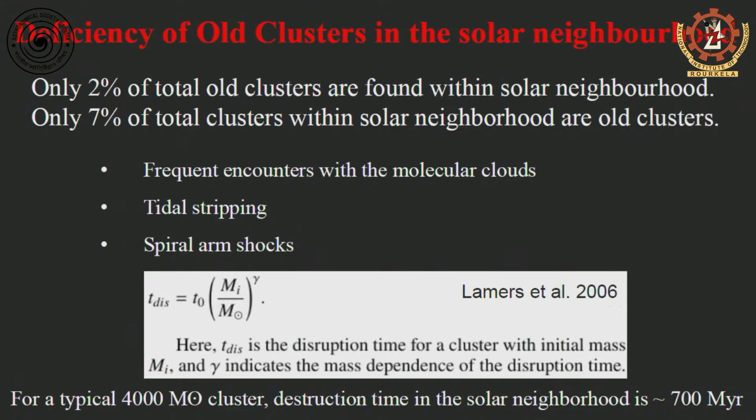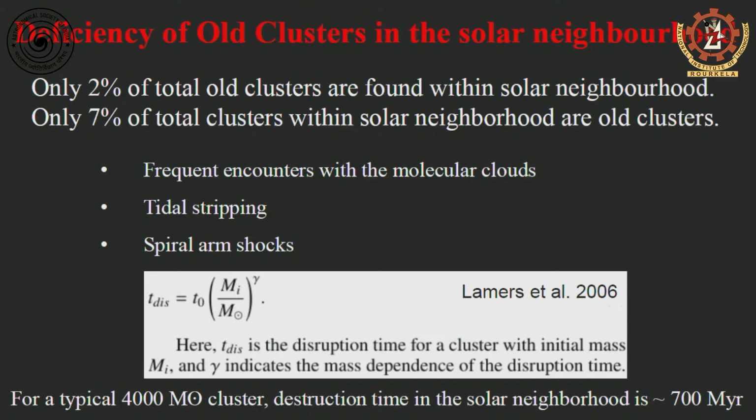We have noticed that only 2% of the total older clusters are found in the solar neighborhood, almost within this 700 parsec of the solar distance. When I say old cluster, it is greater than 700 million years old. So only 2% fall in the solar neighborhood, very close to the sun.